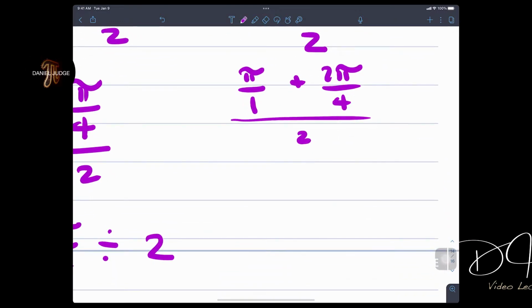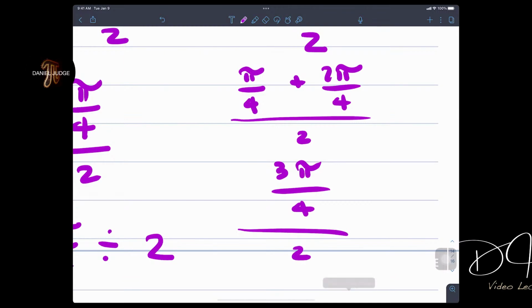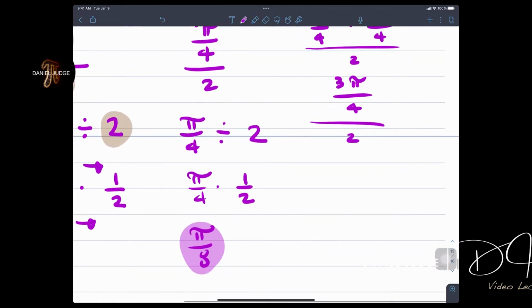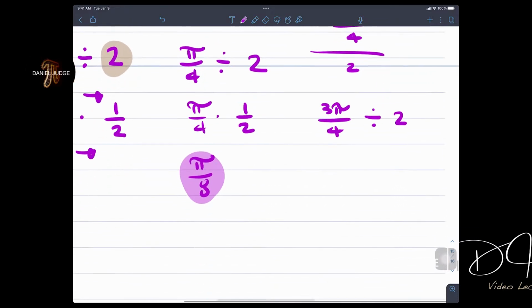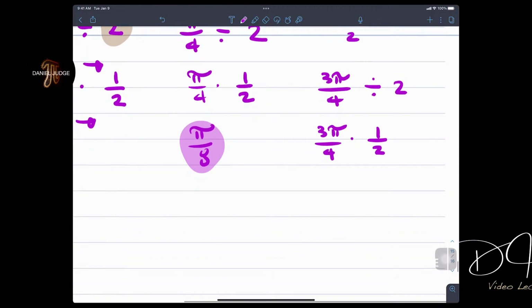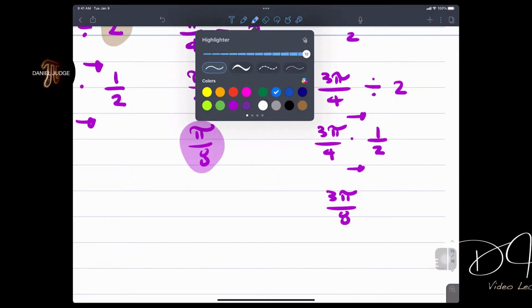The denominator is 4, so this becomes 3 pi over 4 divided by 2, which is 3 pi over 4 times 1/2. Multiply across, you get 3 pi over 8. So ladies and gentlemen, 3 pi over 8 here.